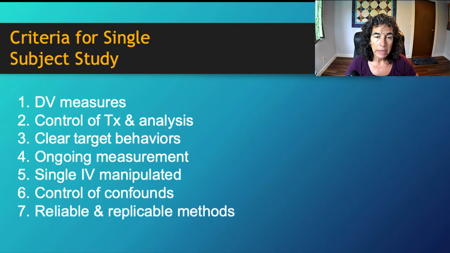There's only one intervention at a time so that we can focus on that independent variable or that particular intervention. There's controls put in place to prevent confounding variables from intervening, and data collection methods are reliable and replicable. So we're not just making it up as we go along, we're actually using methods that are kind of tried and true.